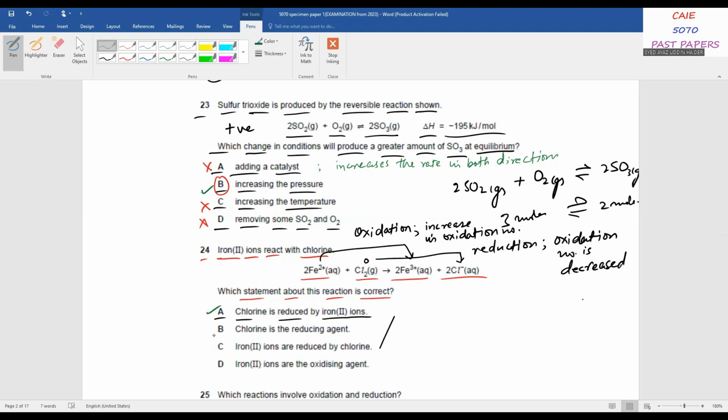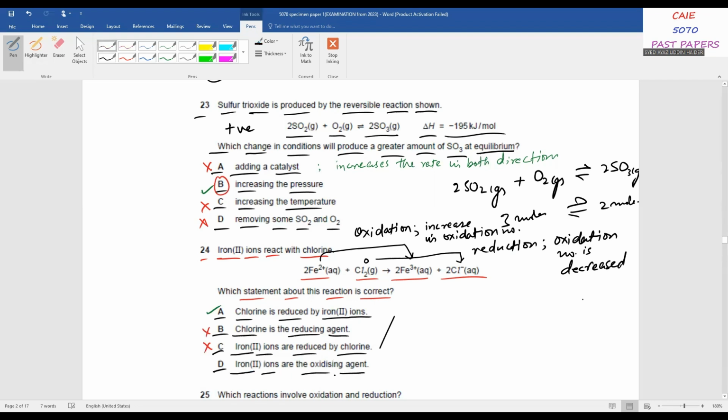Let's see the other choices. B, chlorine is a reducing agent. No, chlorine is reduced. So it must be the oxidizing agent because Fe2+ is oxidized to Fe3+. C, iron 2 ions are reduced by chlorine. No. Again, both of these are wrong. D, iron 2 ions are the oxidizing agent.